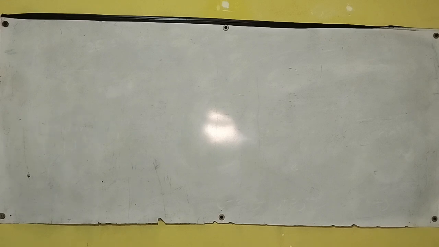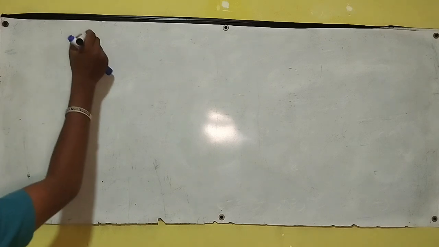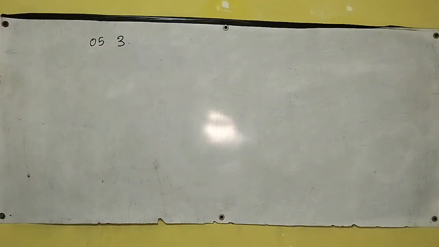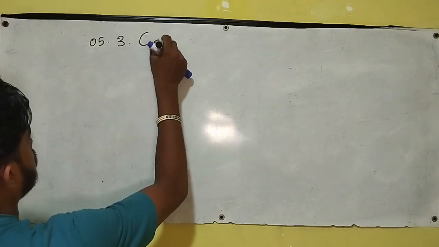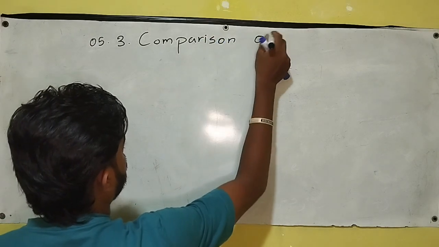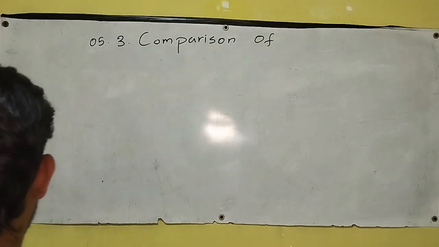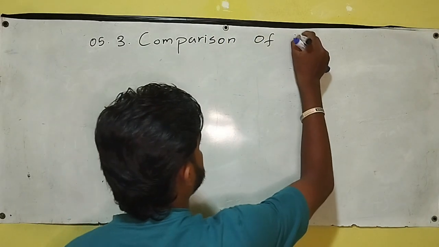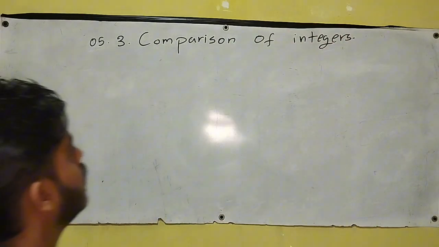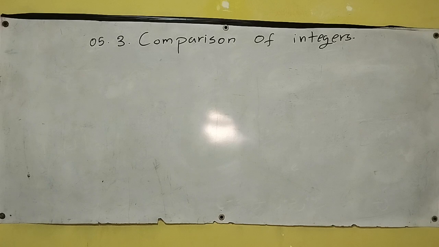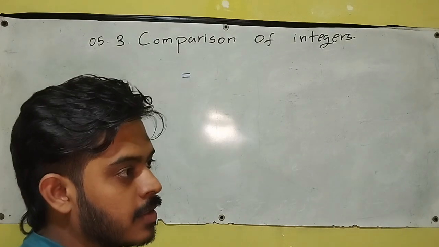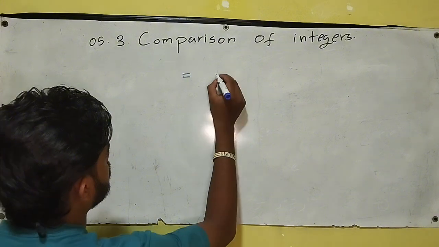Okay. Next up, 5.3, comparison of what? Integers. Okay. Now what is this?